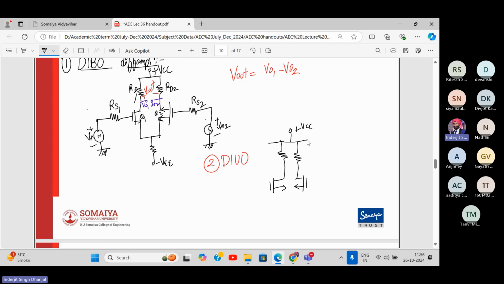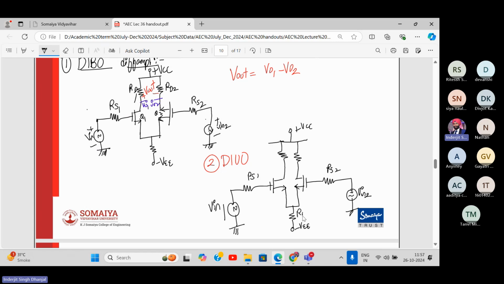And here we'll have Vin, RS2, RS1. This is Vin1, and the source terminals are connected together and connected to a resistor, minus VEE.